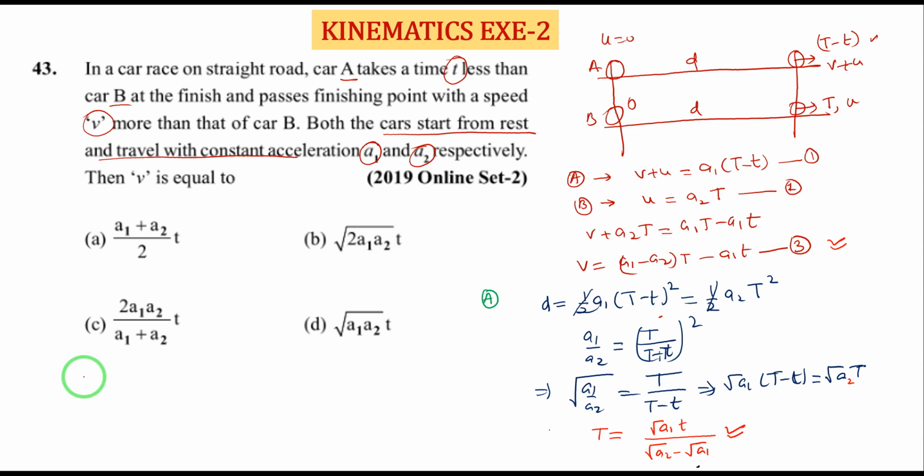Equation number 3 is v equals a1 minus a2, and then capital T is there. In place of this capital T, we are putting root a1 t upon root a2 minus root a1, minus a1 into t.